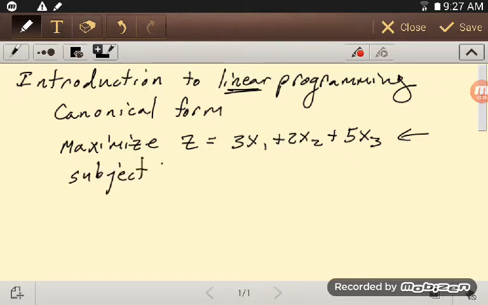Quite typically, it is subject to some sort of constraints, and in the canonical form, we might have something like 3x1 minus 7x2 plus 4x3.